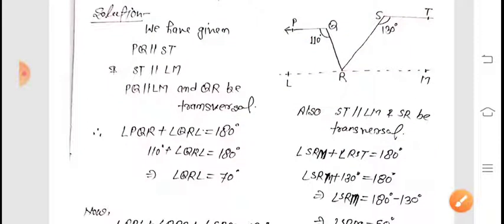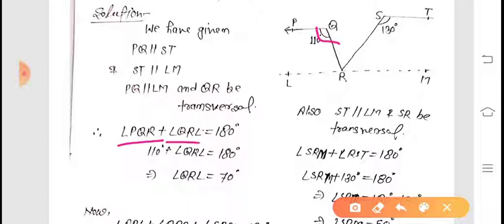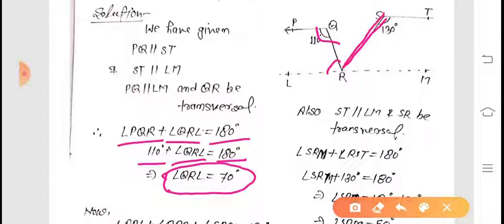Therefore on the basis of this you can write angle PQR, this angle, and angle QRL, this angle, equal to 180 because interior angles. Therefore 110 plus angle QRL is equal to 180. After subtraction we get angle QRL equal to 70 degrees. And also line RS is a transversal for ST parallel to LM.